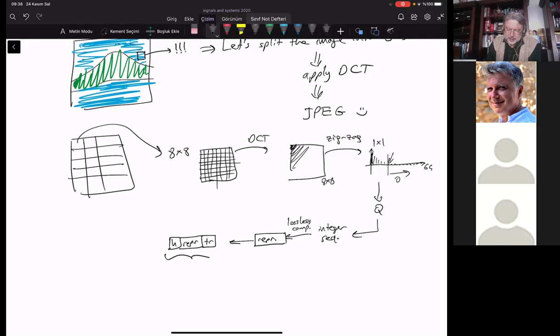So this is the bit stream that you construct for representing all of your 64 pixels, 8 by 8 pixels.